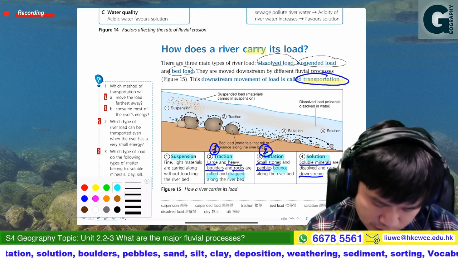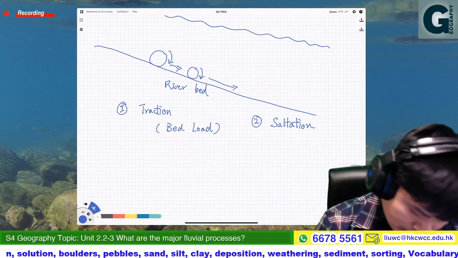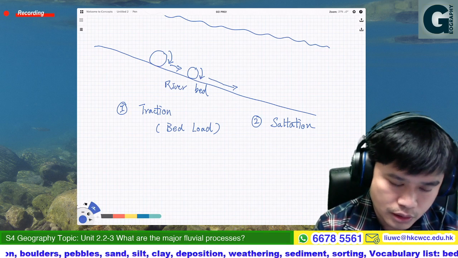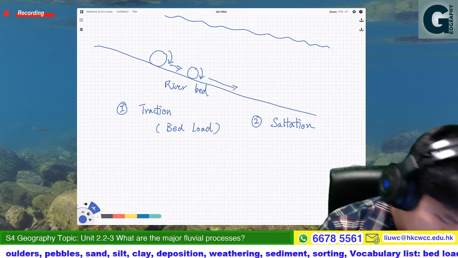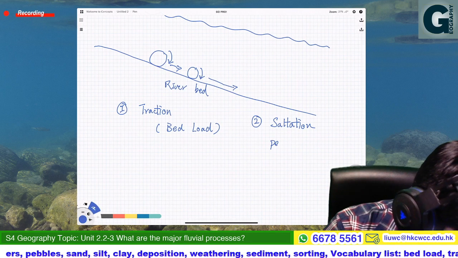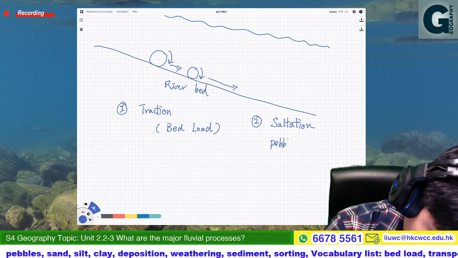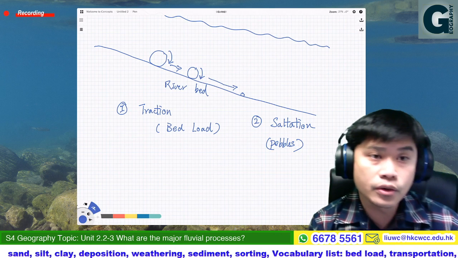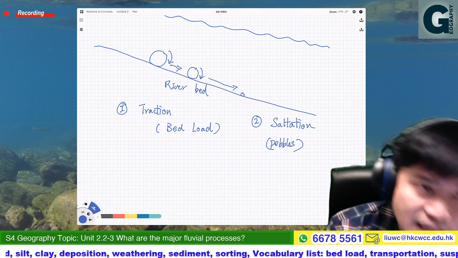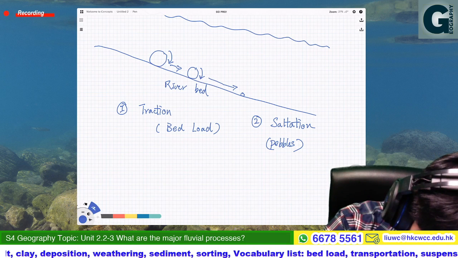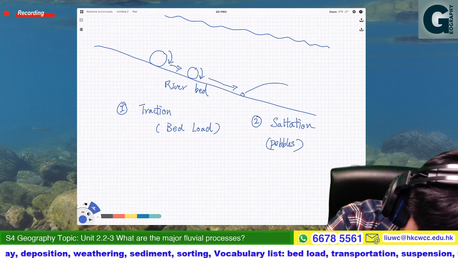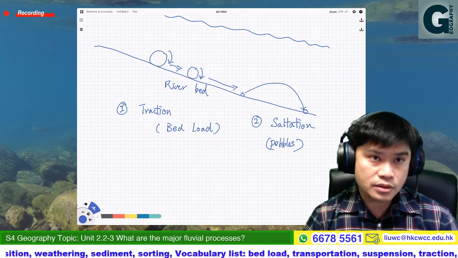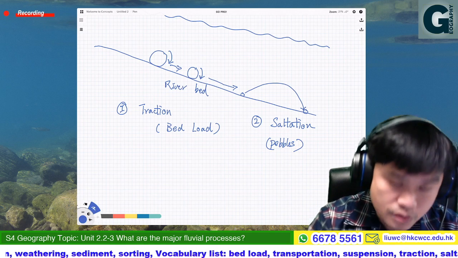So what would saltation be? It could be like this. This time for saltation, smaller rocks, or just now mentioned in your textbook, pebbles. Like this, small pebbles, also on the riverbed, but how they move is that they bounce. So they would move a little bit further.